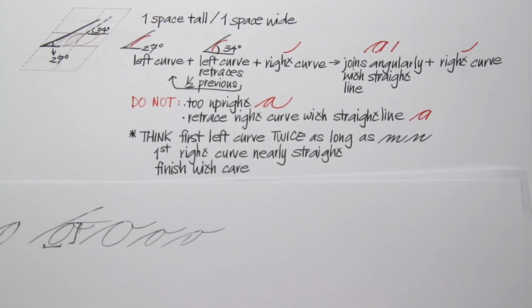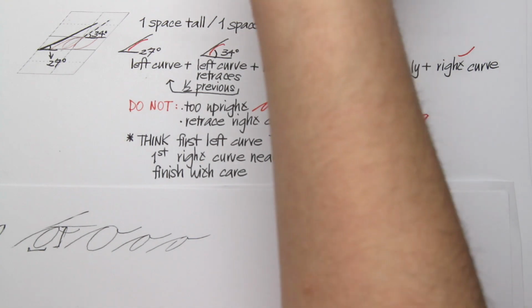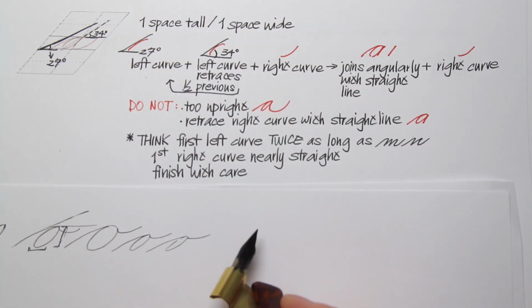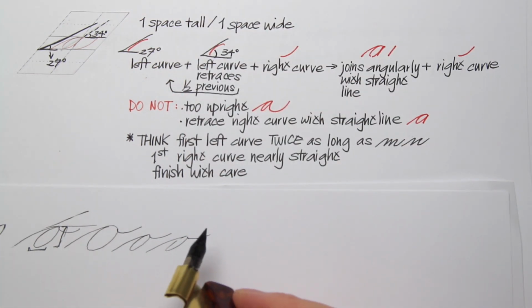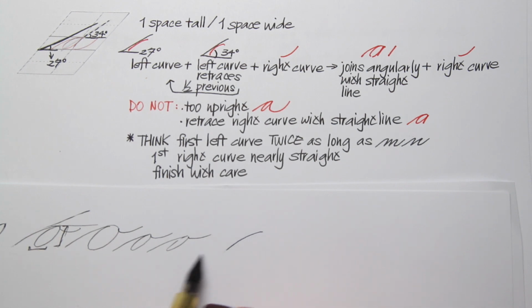The letter A is the basis of many other letters to follow. It is one space tall, one space wide. And ideally, technically speaking, your letter A should have your left curve up at 27 degrees.